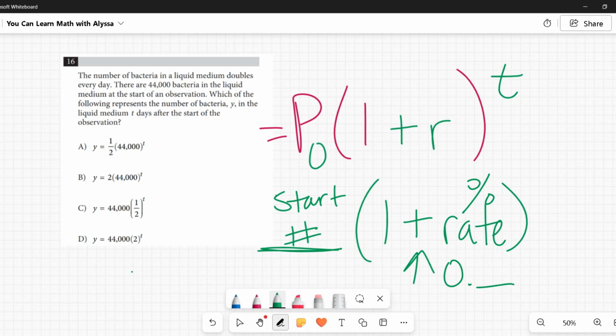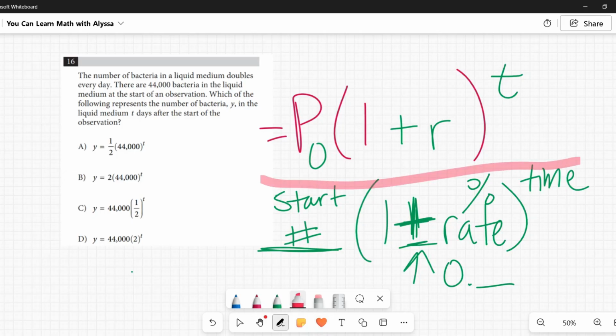Most of these are about population growth, but I have seen population decrease. So when you see this online, it's always going to be presented as plus, but honestly, it's plus or minus because it could be decreasing. And T is the time. So this formula is not provided on the SAT as of the time of this recording, so you do have to know it.